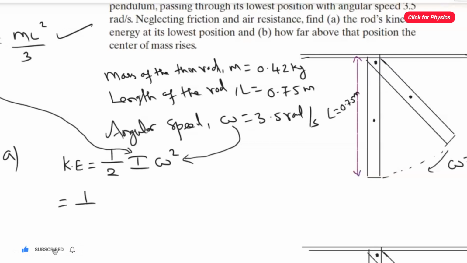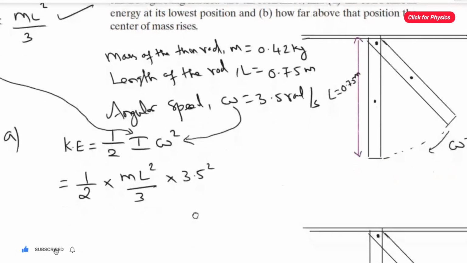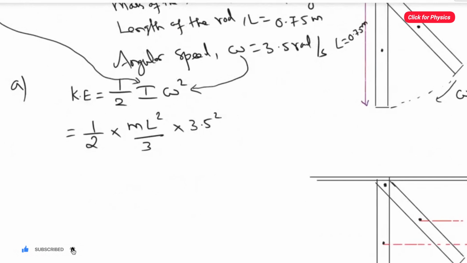So let's substitute. Half multiplied by mL square over 3 multiplied by omega, which is 3.5 square, and we can substitute the value for the mass as well as the length. The mass of the rod here is 0.42 kilogram multiplied by length 0.75 square multiplied by omega, 3.5 square, divided by 2 multiplied by 3 is 6.